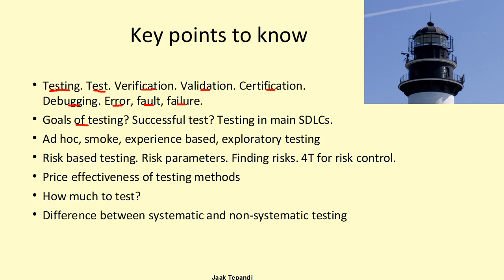For example, in the first phases of software development, the goal of testing would be to find errors. So a successful test is a test which finds error, and a good test is a test which has a high probability of finding errors.